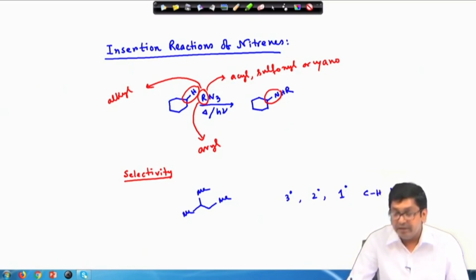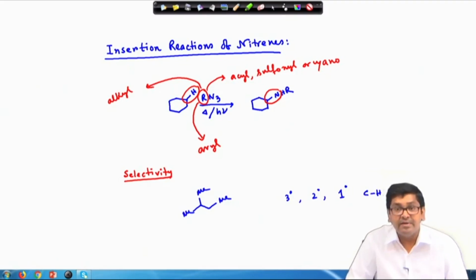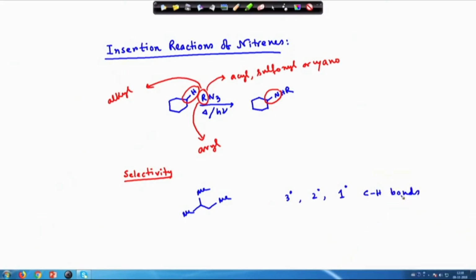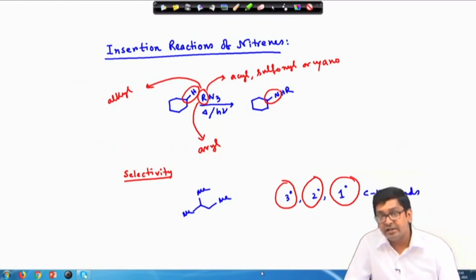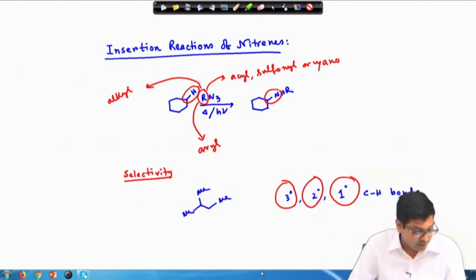Now, nitrenes have a specific target, that means nitrenes will first prefer to insert into the tertiary, this one, then this will insert into this, then this will insert into primary. That means their affinity is towards the tertiary carbon hydrogen bonds. It will selectively first go to the tertiary carbon hydrogen bond, then the secondary, then the primary.